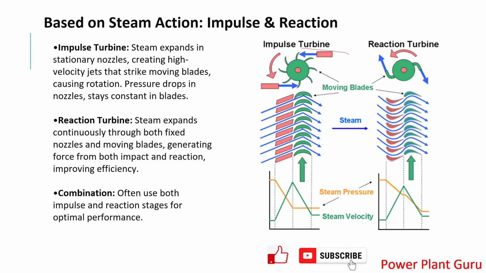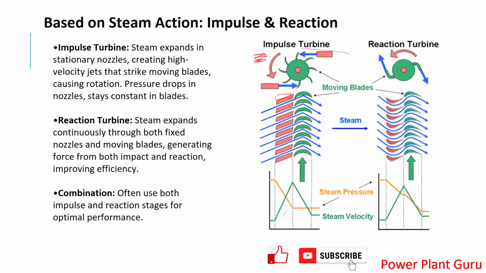So if you see here in the impulse type of turbine, what is happening is your steam pressure is reducing here in the nozzles or in the static part. Why is it reducing? At the cost of pressure, you are increasing the velocity.